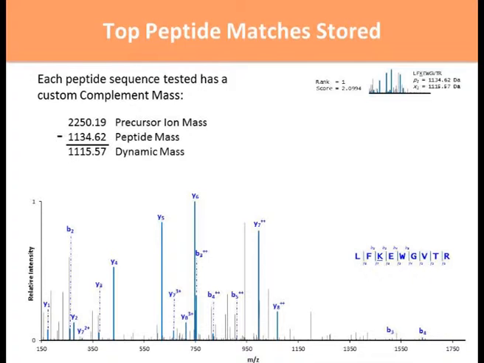Therefore, a dynamic mass of 1115 is applied to all of the fragment ions that are computed for this peptide, and those fragment ions are then matched to the actual data set.